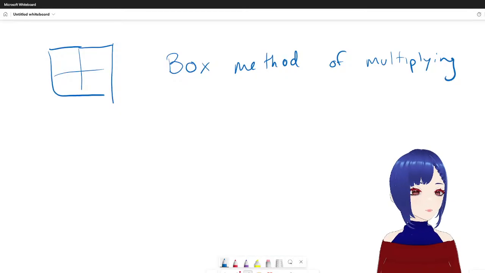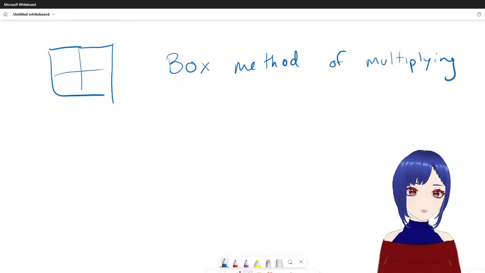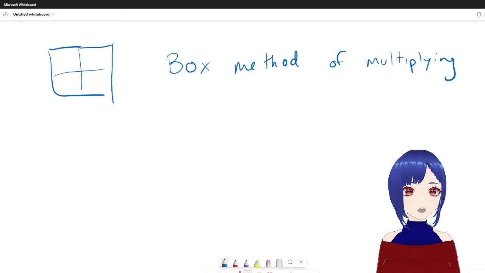So I'm just gonna go through doing some examples of what you would have seen back in elementary school as a reminder of how it works. But then I'm also going to do some examples using our algebra tasks so that you can kind of see how they're connected.